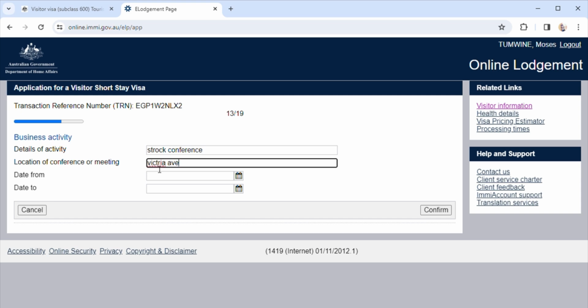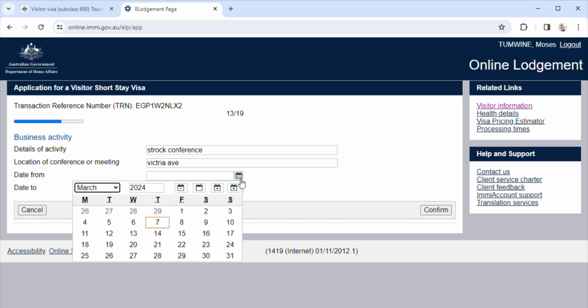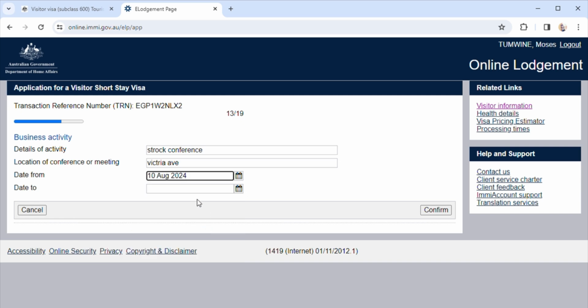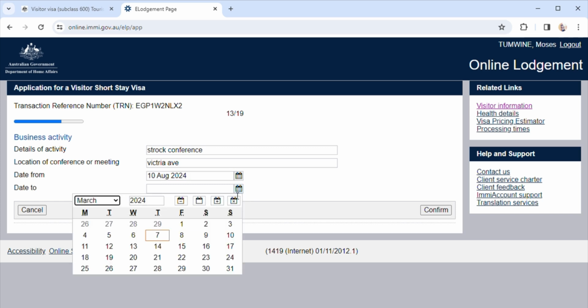Victoria Avenue. So you put dates, maybe these dates. The dates should be in line with the dates you are planning to travel, because I showed you that we shall be traveling on August 9th. You understand? Meaning by 10th the event will be starting, then the event will end.